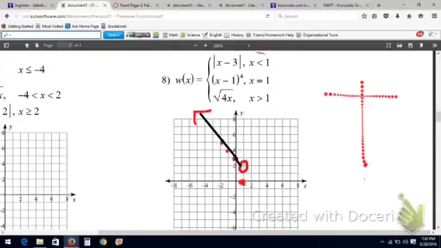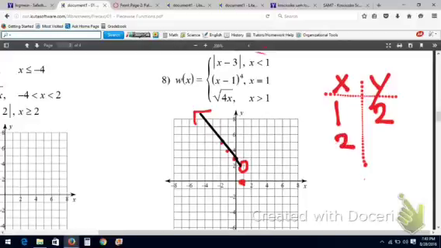So we're going to use 1, but it's going to be an open circle. 4 times 1 is 4. The square root of 4 is 2. So you're going to go to 1, 2, and put an open circle, but it's already there.